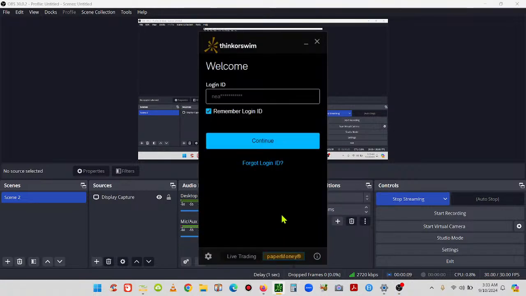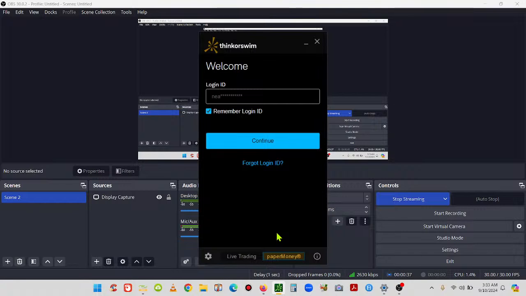So the first thing we're going to do is, in order to learn how to trade options, you need to have a Thinkorswim account to chart your options and to do it properly. So you have what is called a paper money practice account.